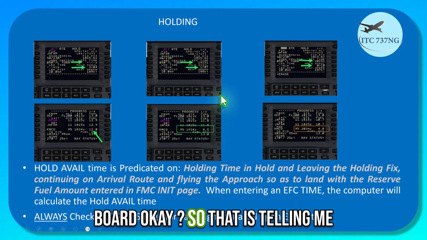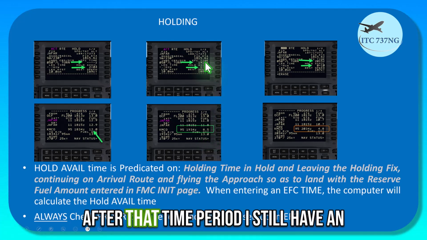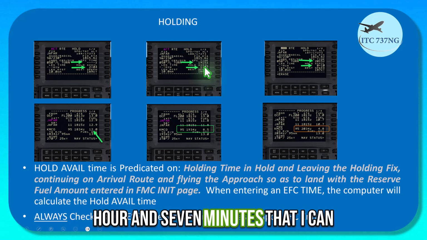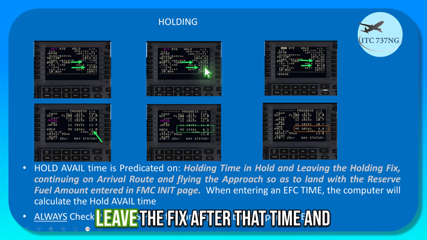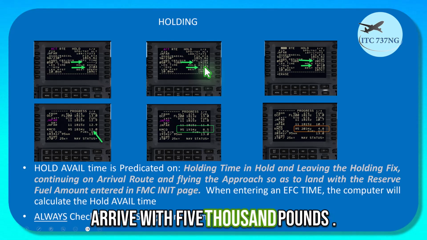Okay? So that is telling me after that time period, I still have 1 hour and 7 minutes that I can continue to hold there and then leave the fix after that time and arrive with 5,000 pounds.